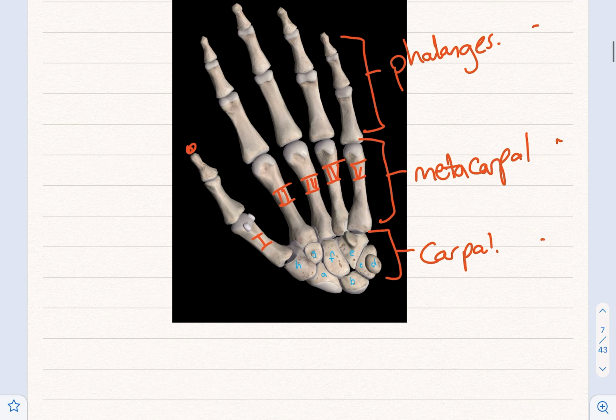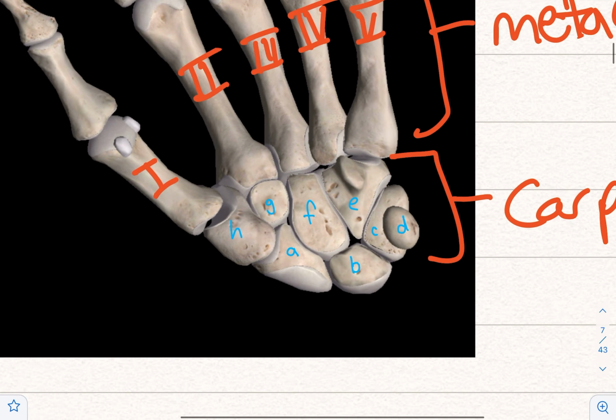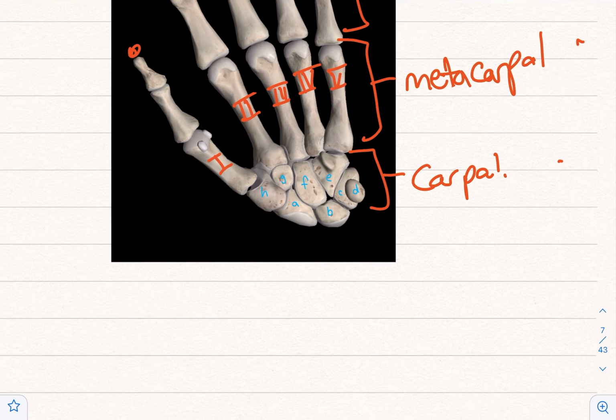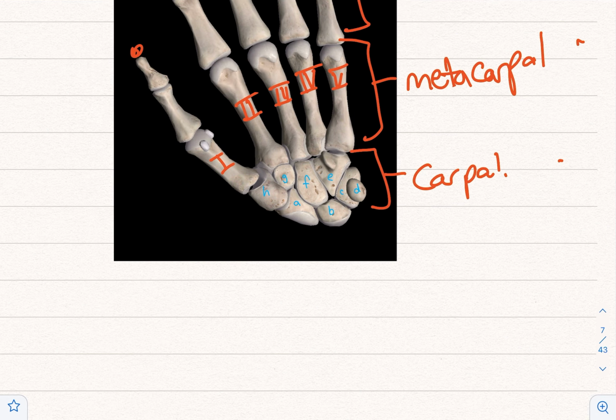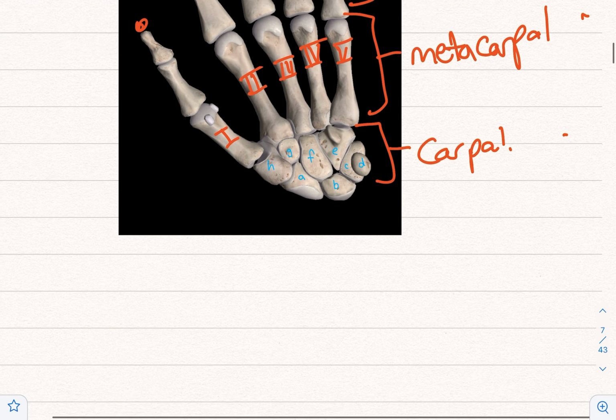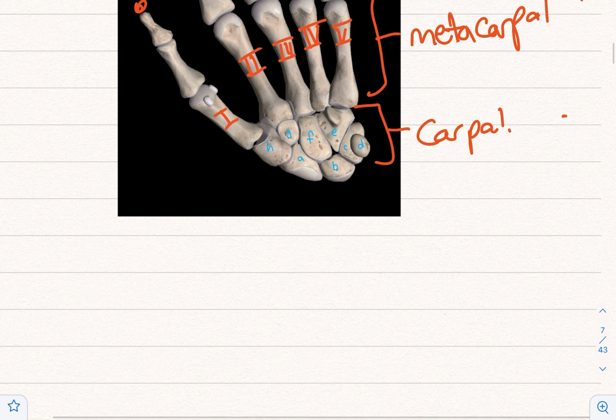Next thing to talk about, these carpal bones. I've quickly labelled them like this. We'll just go through them. There is a mnemonic to remember them, but we'll go through it first because it looks like a bit of a mess.